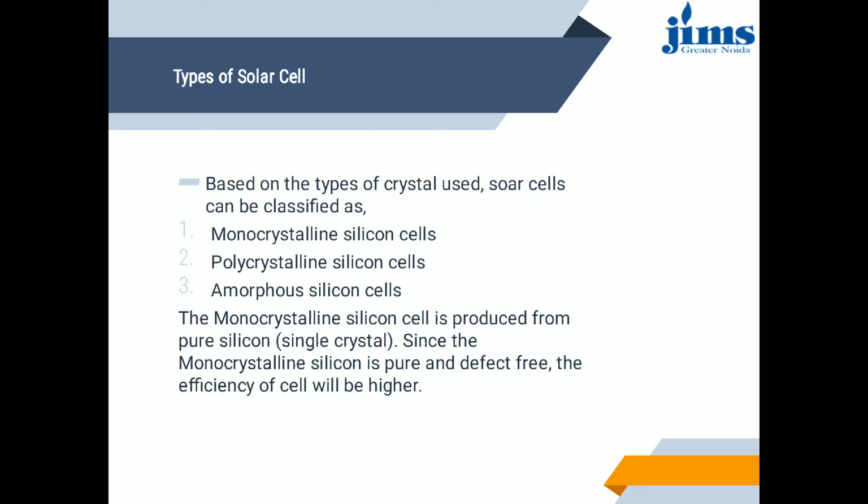These ingots are then sliced into thin wafers. Typically, single crystal wafers are 125 by 125 mm or larger with a pseudo-square shape. The multicrystalline wafers are typically 100 by 100 mm or larger, having a square shaped structure.